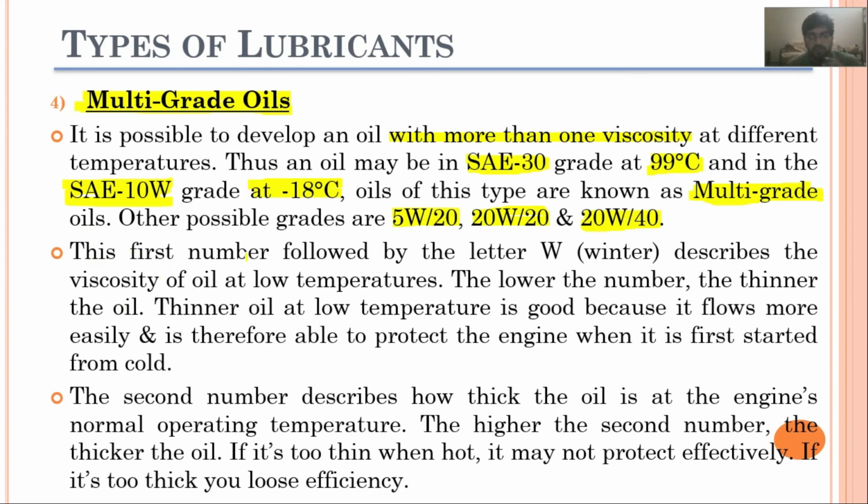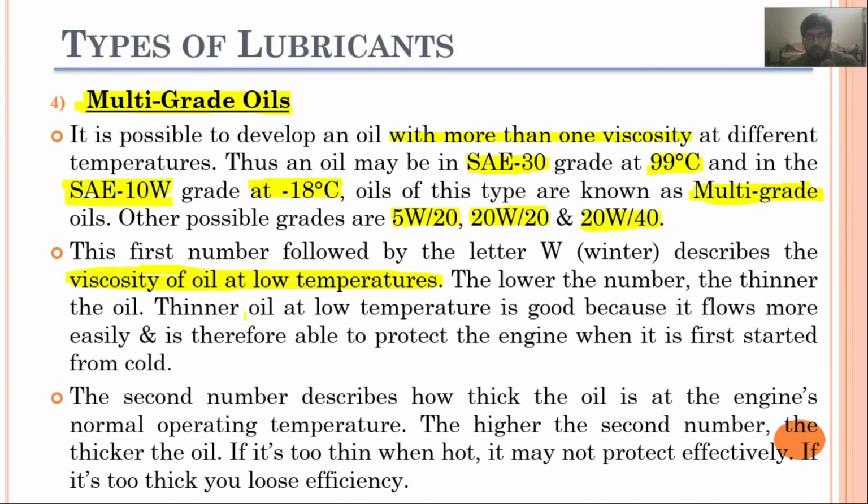So the first number followed by the letter W, winter, describes the viscosity of an oil at low temperature. The lower the number, the thinner the oil is. Means the 5W grade oil is much thinner as compared to the 20W. The thinner the oil, the better cold starting operation it will perform.